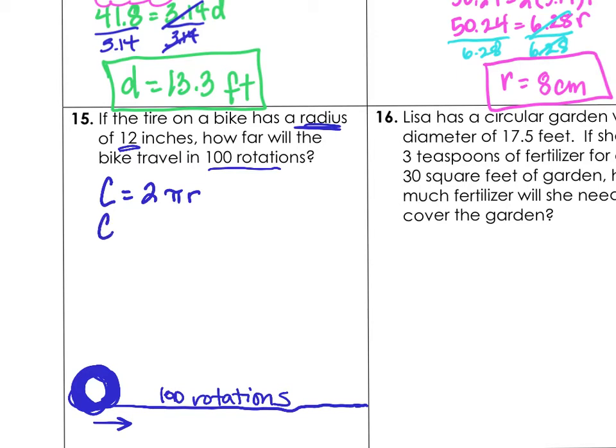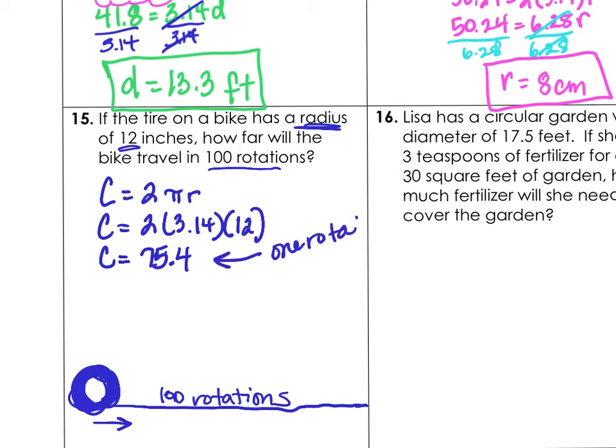So circumference equals 2 times 3.14 times our radius, which is 12. Okay, and we do that math and we get 75.4. But this is one rotation, and we want 100 rotations.